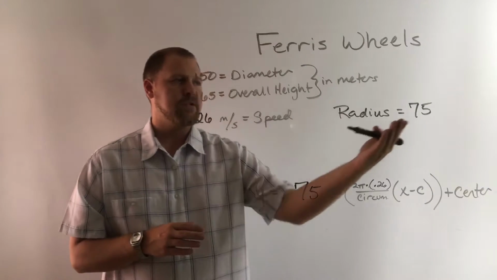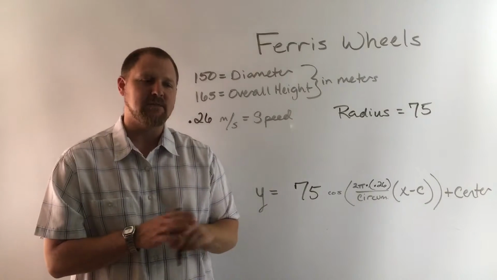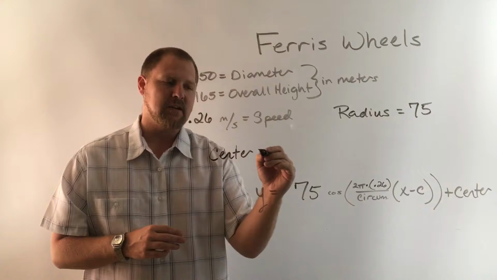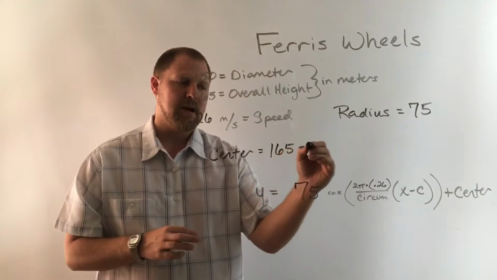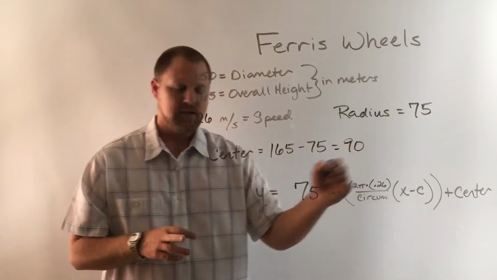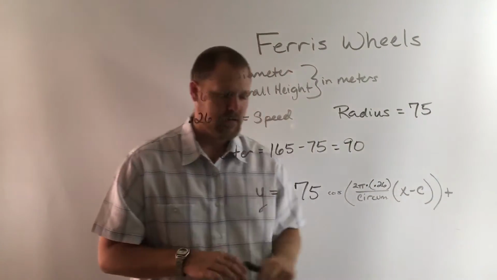Also, if we know that the radius is 75 and the overall height is 165, then I can find the center of this by taking 165 minus 75. And that's going to give me 90. So now I can change D to 90.